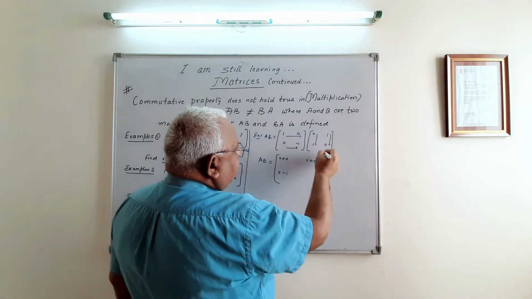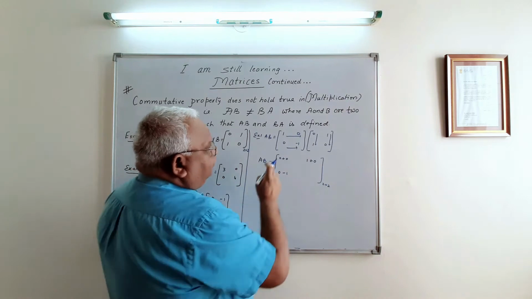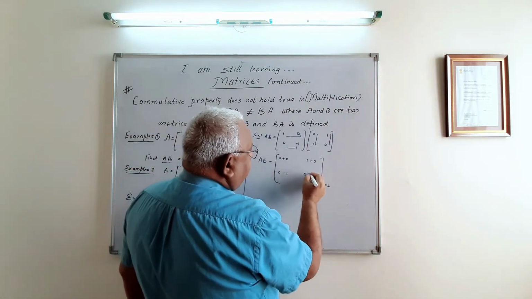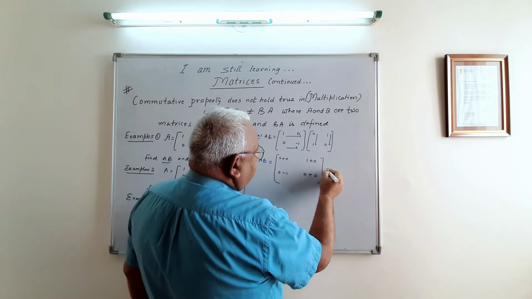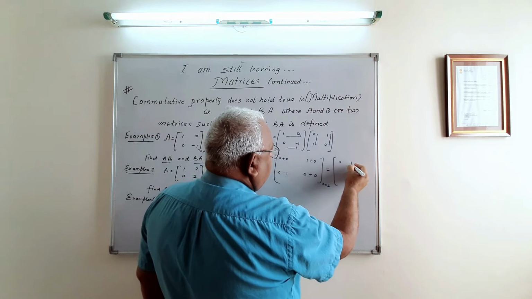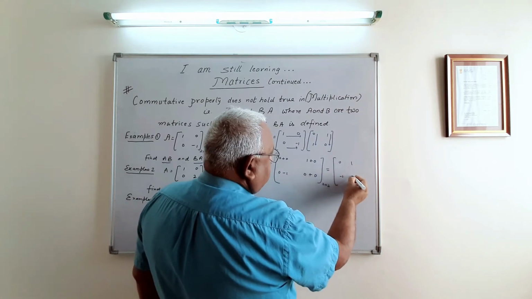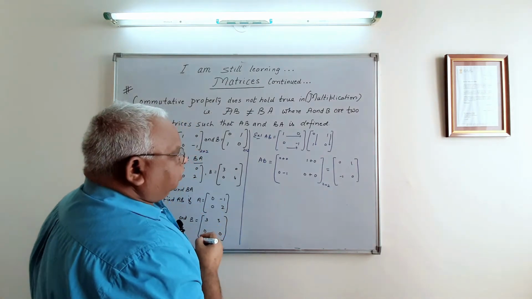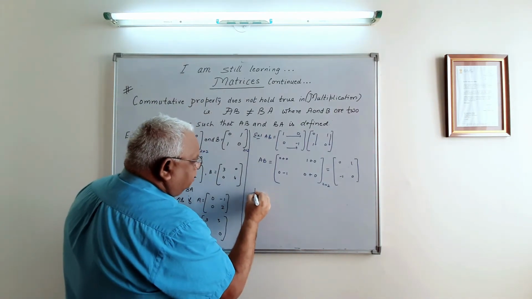Then second row, second column: 0 into 1 is 0, minus 1 into 0 is again 0. So the resultant is [0 1; -1 0]. This is AB. Let us find out BA.